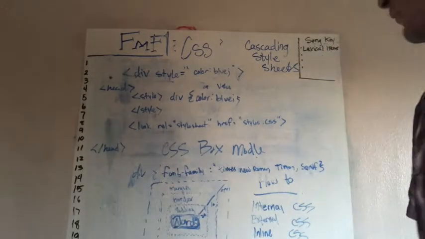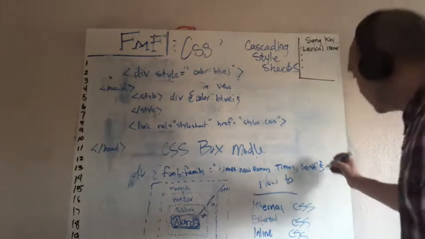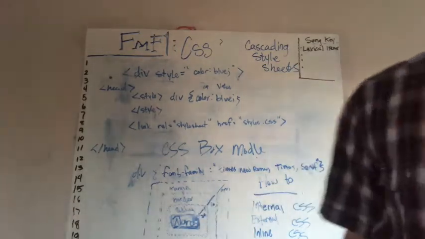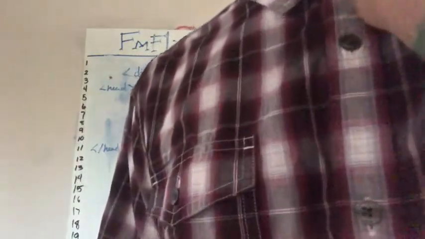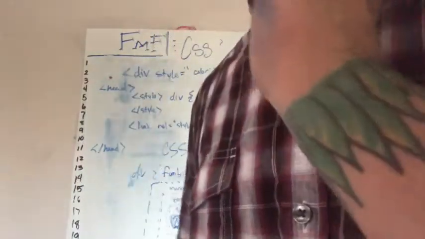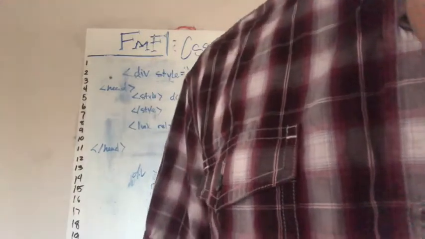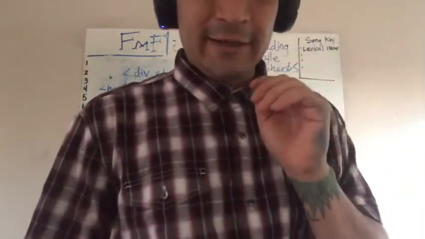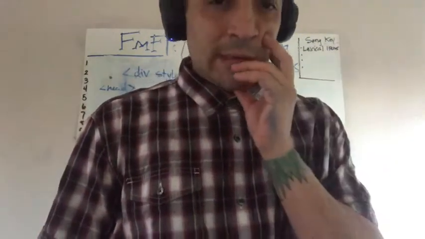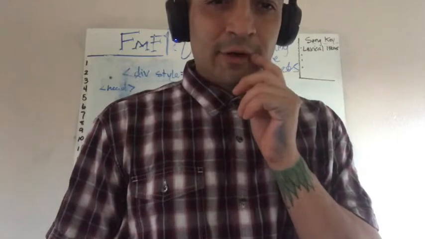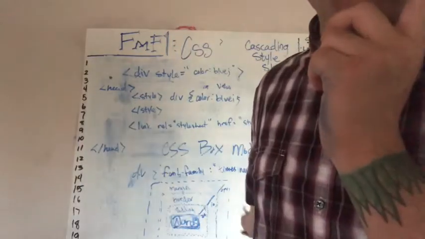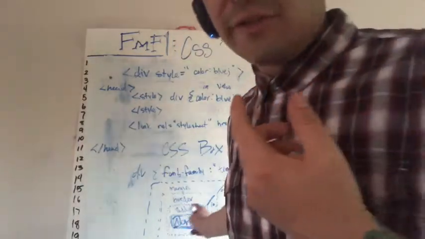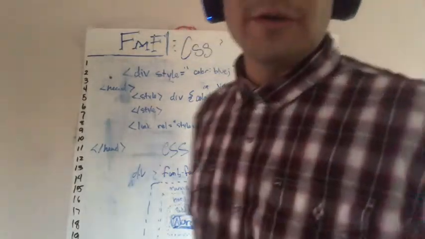When you set the font family, it's a good idea to list multiple different font names down to the generic font family itself, because if the browser doesn't support that font, you won't be in control. So if you put Arial, or Times New Roman, Times, and then serif, if one isn't working, it's going to default to the next one, then the next one. So just keep in mind that will happen.